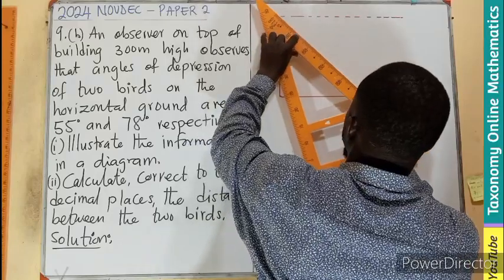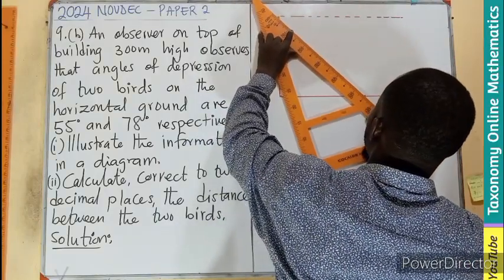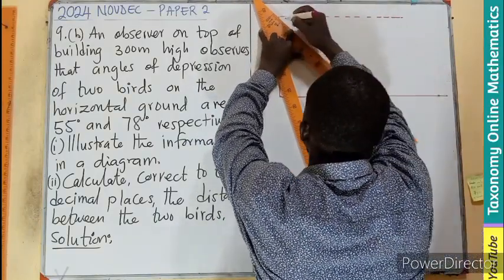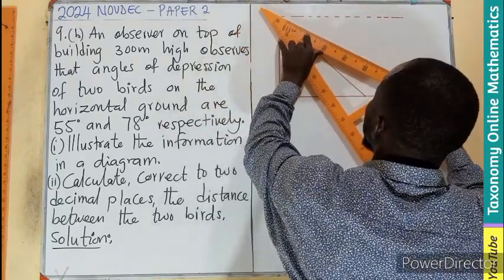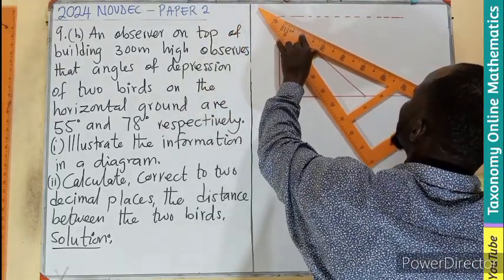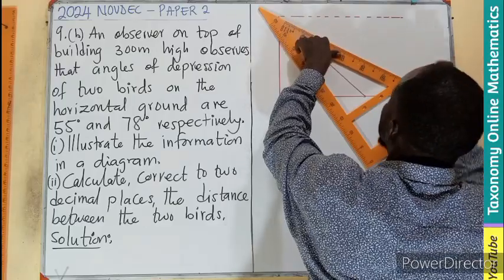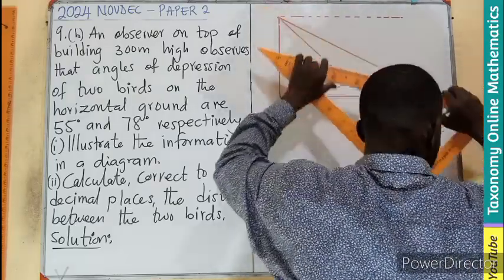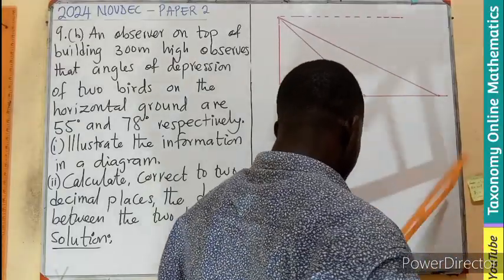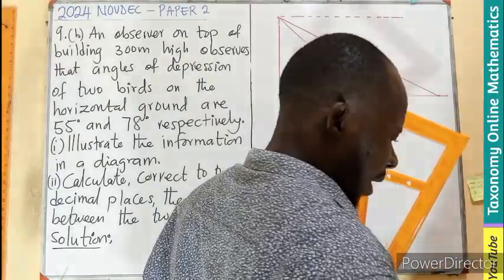From the top of the building, you are looking down to see the bed, so your eyesight will be here. Then you will look down again to see the second bed. Good. So this is going to be the diagram, right?